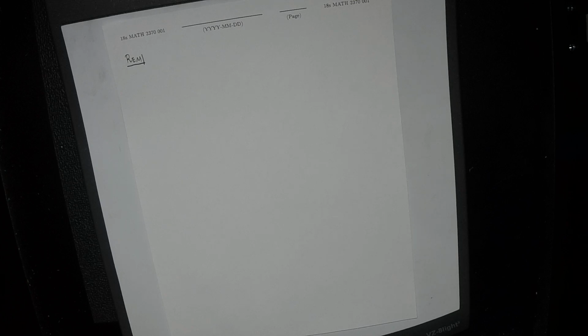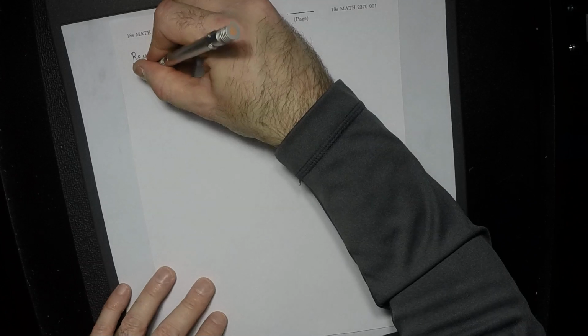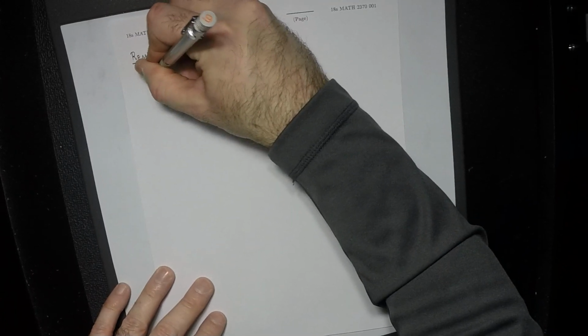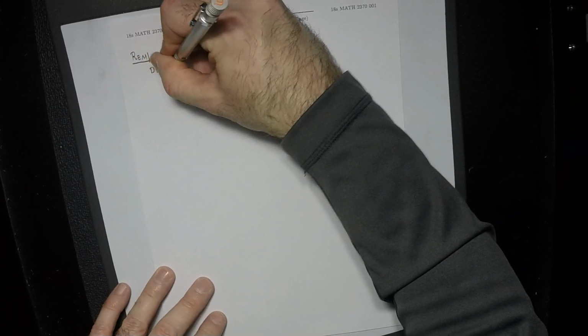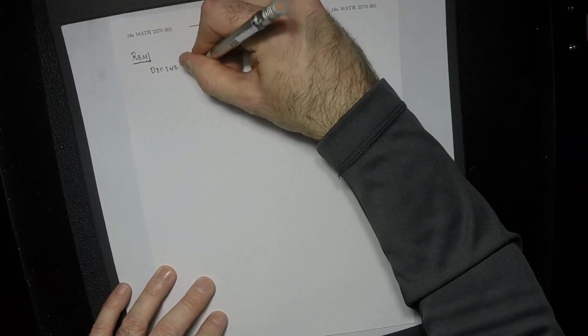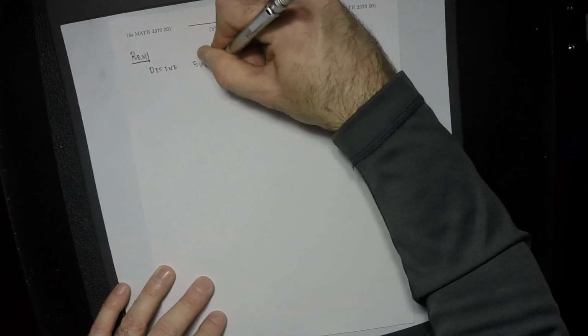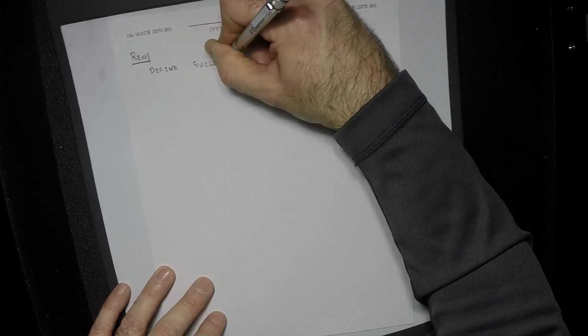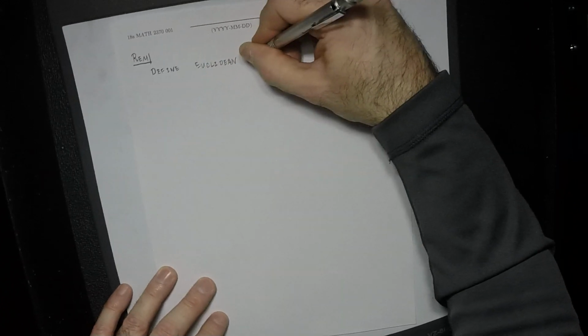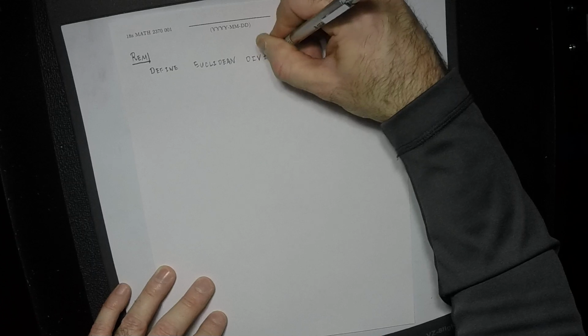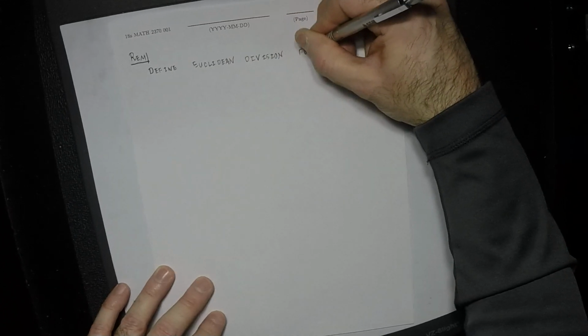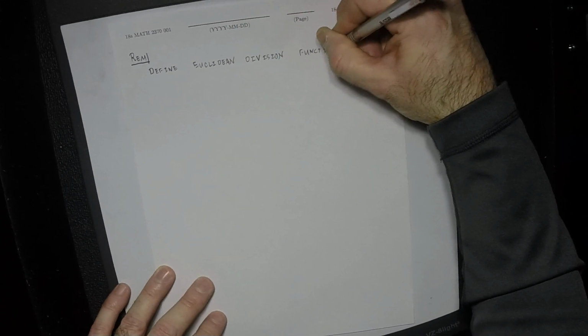For the purposes of today, a good name for the function would be E. So we'll define the Euclidean division function. Okay, so we're going to call it E.